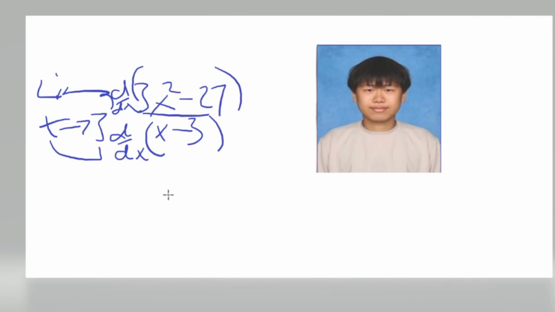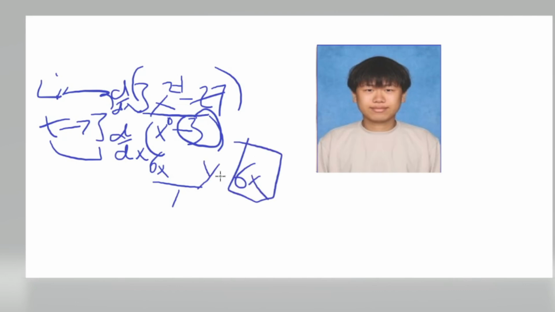Anyways, x minus 3: x to the first power, 1 minus 1 is 0, and therefore it's 1. Negative 3 is a constant, so it turns into 0. And then over here, use the power rule, 2 times 3 is 6x, and this is a constant, so you get rid of that. So the answer to this would just be 6x.